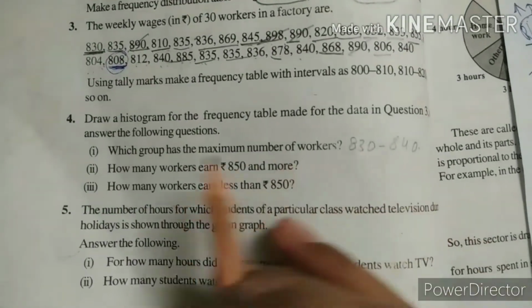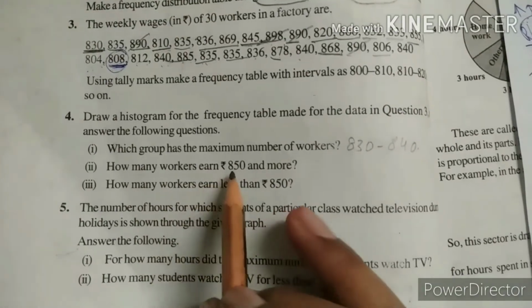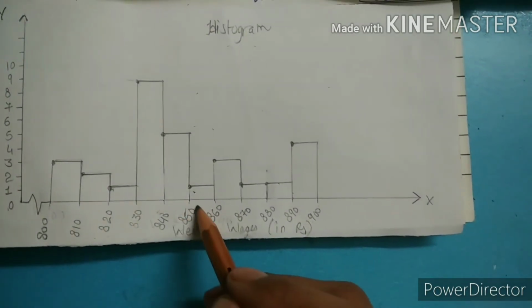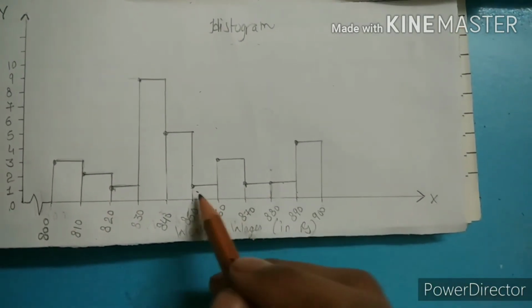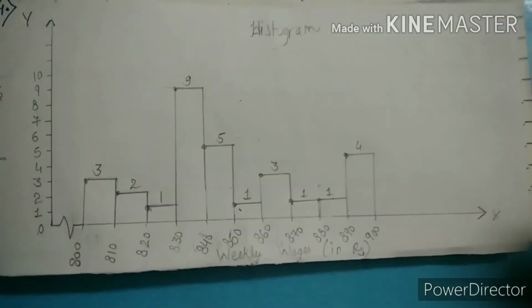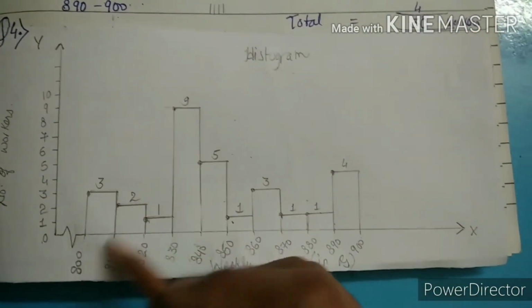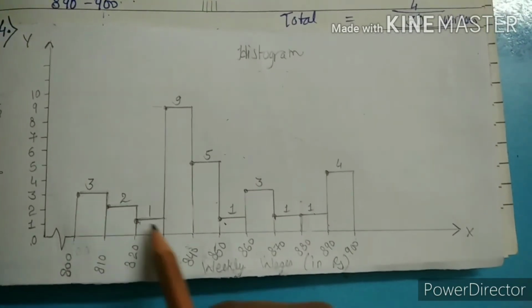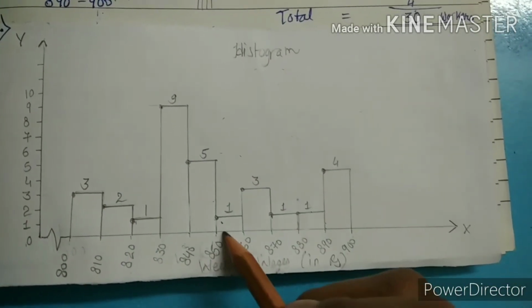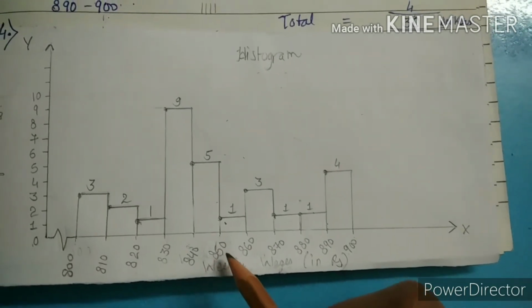Now the second question is, how many workers earn rupees 850 and more? So we will count how many there are here. Let's see how to count. I wrote the numbers on the bars: 3, 2, 1, 9, 5, 1, 3, 1, 1, 4. We have to count 850 and more.